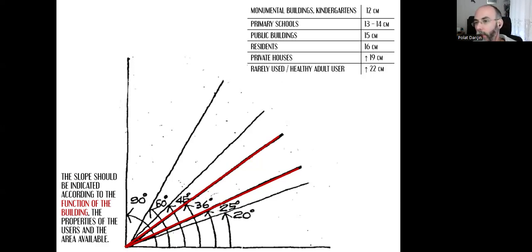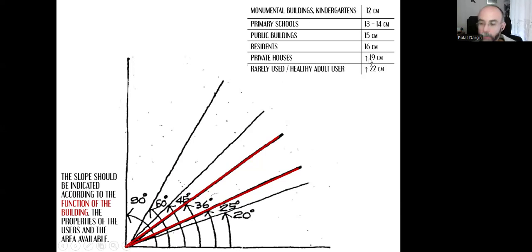Private houses can be up to 19 or more, depending on the user, because in private houses, the users are certain. If those users don't have any problem with their feet, they don't have a walking disorder, they are not old, they are not children, then we can go up to 19 centimeters or more.